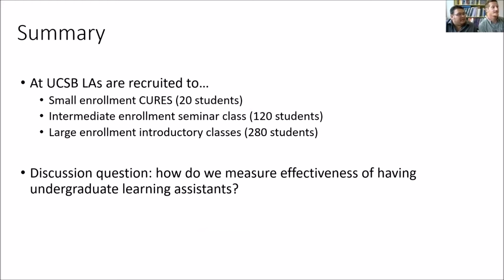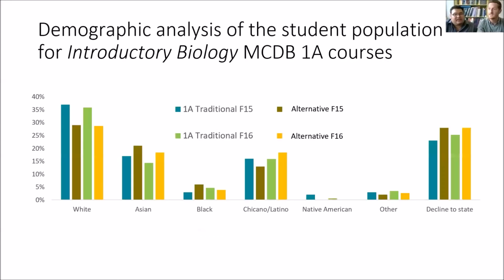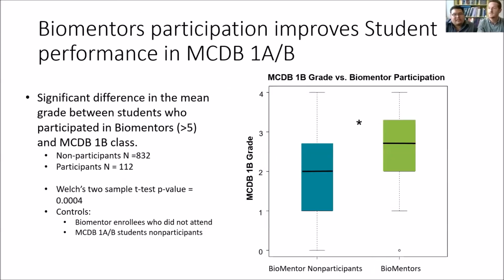Should we do the questions? Sure. There's a question here that says, when you say Biomentors participation in the box plot, do you mean students who are Biomentors or students who get help from the Biomentors? So that refers to students who are participating in the Biomentors program. So this is a grade earned by second-year students who either are attending, that's the light green color, Biomentors, or not attending, which is the teal box plot shown here.